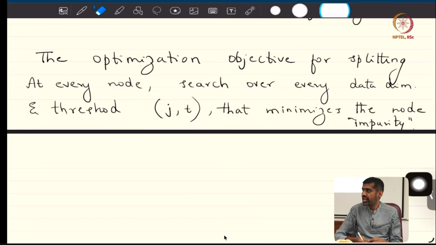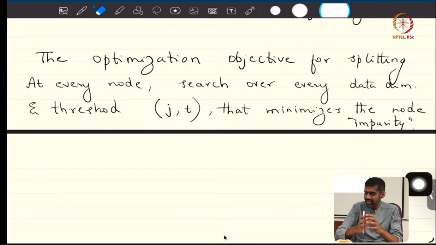This means that the distribution of one particular class has to be Dirac delta. It should be as far from a uniform distribution as possible. If the distribution of classes within a particular region is uniform, then it is an impure region.